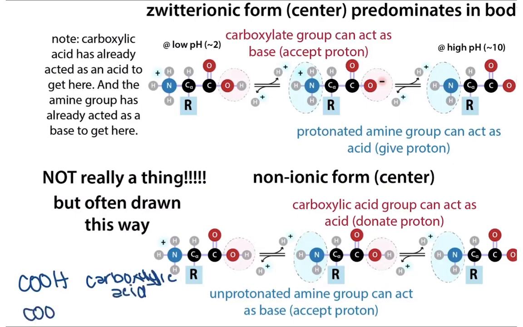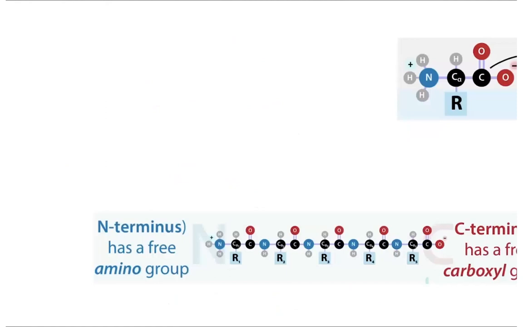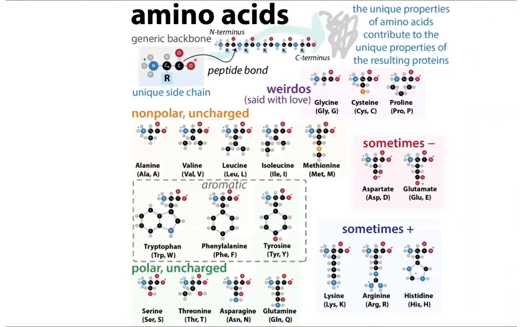And our COO minus, that's going to be our carboxylate. So most of the time when we're talking about amino acids, we're actually not talking about an acid, we're talking about the carboxylate. But I guess you could then think of the amino group as being acidic at that point.